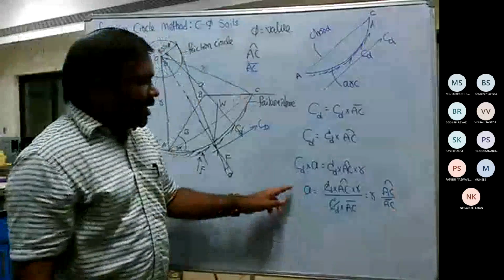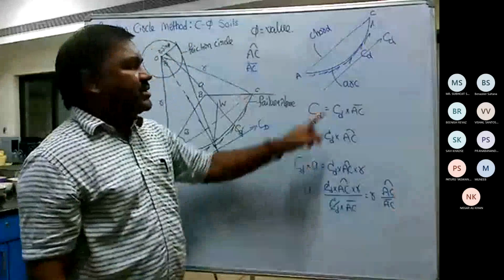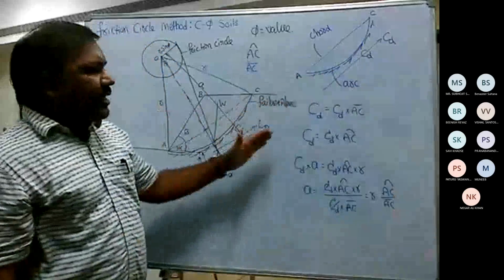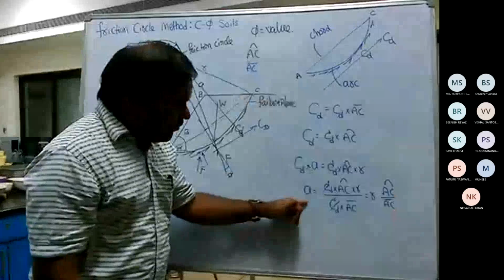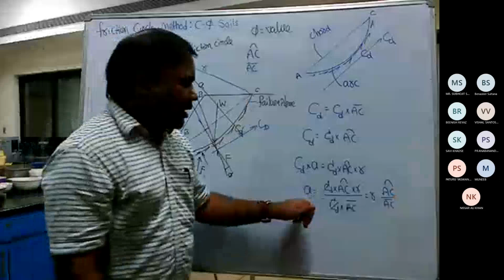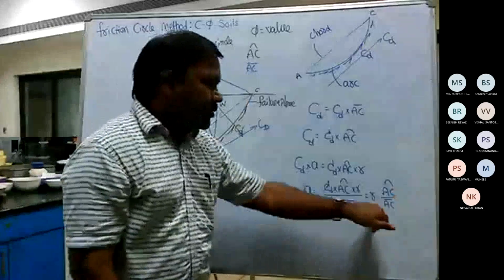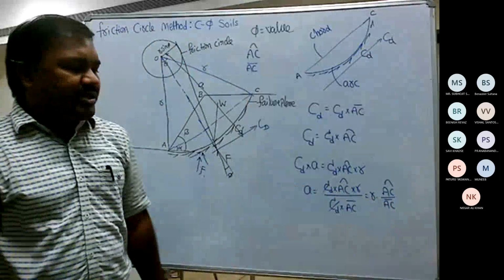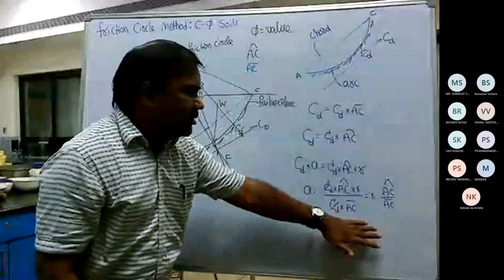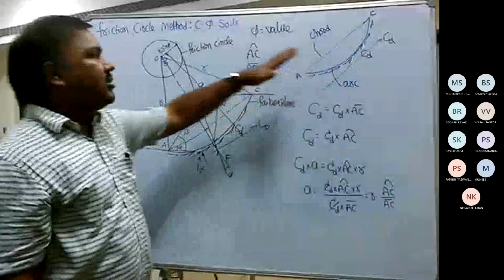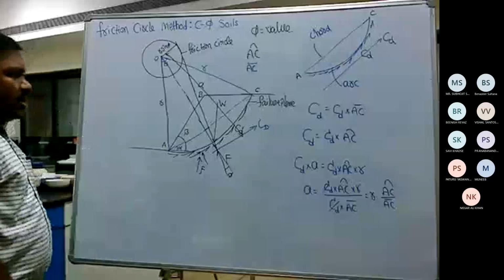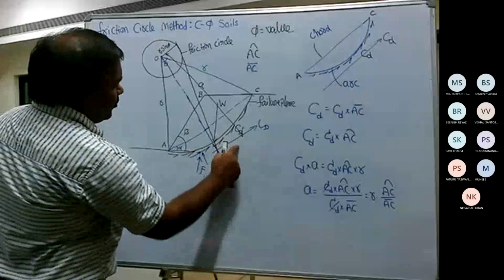That means the lever arm distance of the resultant of all the unit cohesion forces is a little bit away from the radius of the slip circle. So that's the meaning of A equals R into AC arc by AC chord length. This is another simplification for identifying at what distance from the center of the circle the resultant CD acts.